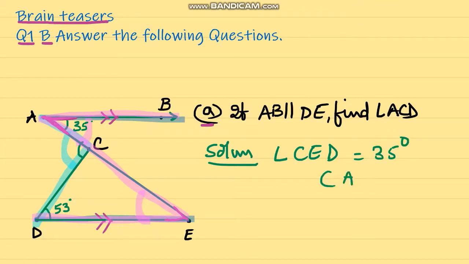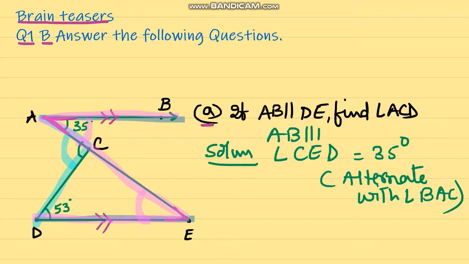Why? Alternate. Alternate with which angle? With angle BAC. Because AB is parallel to DE. So angle CED will be equal to 35 degree.